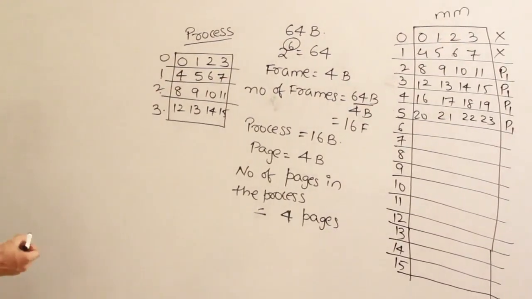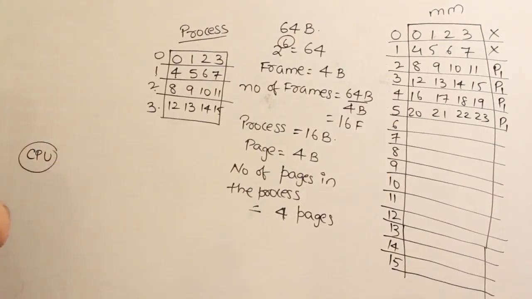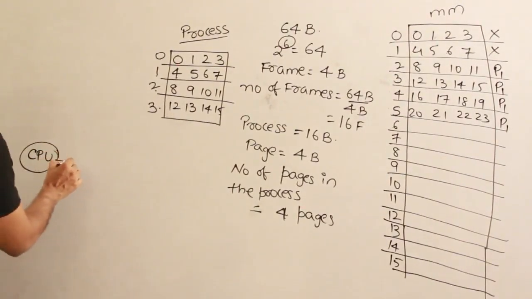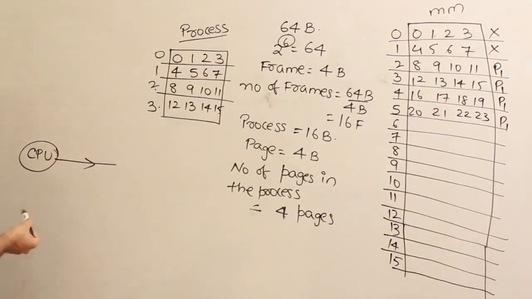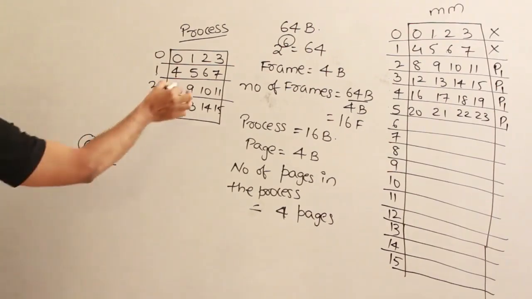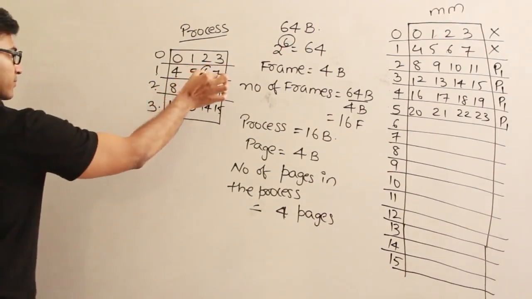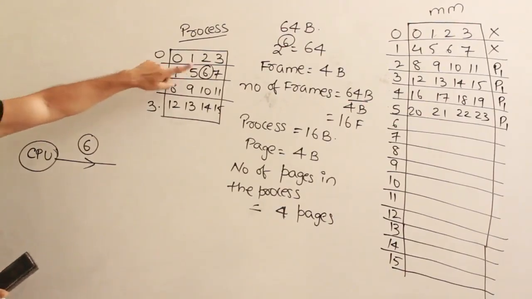let us say this process is running on the CPU, and the CPU now wants a byte. Let us say it has generated the address 6, which means the CPU wants this byte. So page number 1, byte number 6 it wants.